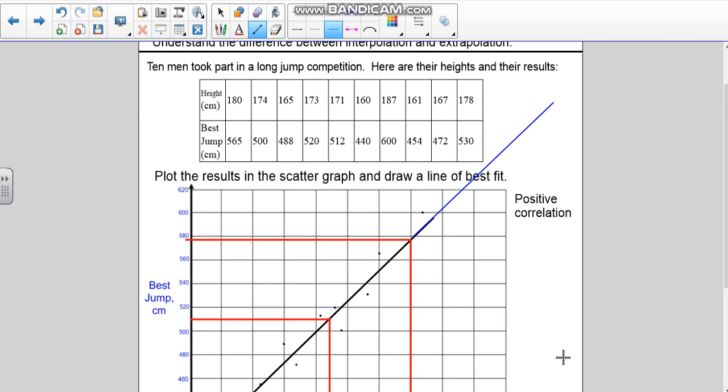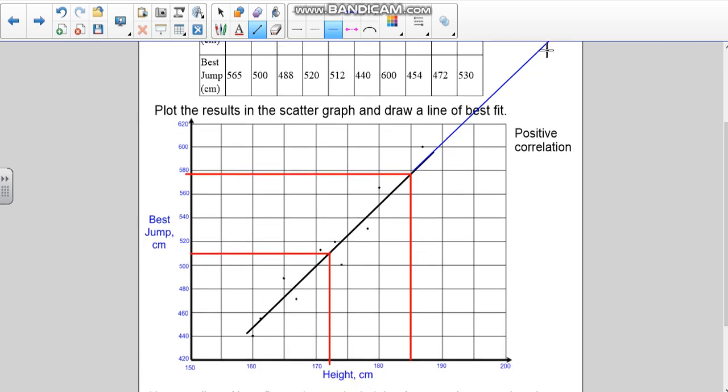Now that's going to read off a height of well over 200 centimetres, 210, which is going to be incredibly tall. Over 2 metres tall, very unlikely. And actually, people might be jumping a lot higher, but there is a limit to how tall people are going to get. So at some point, this pattern that we've got that's linear is not going to continue.